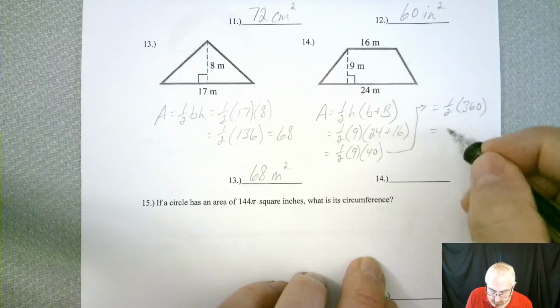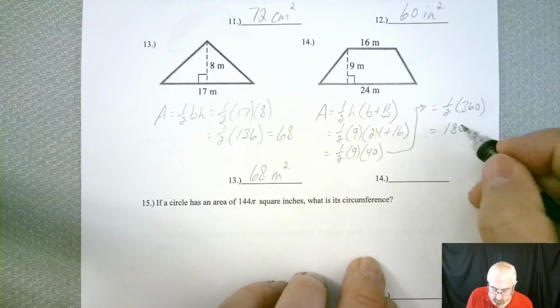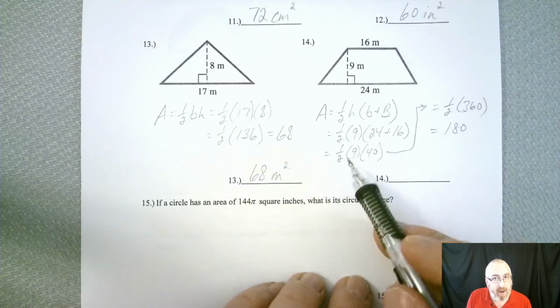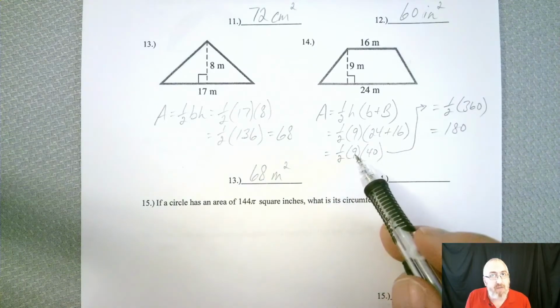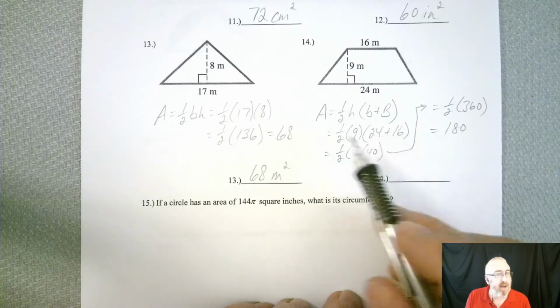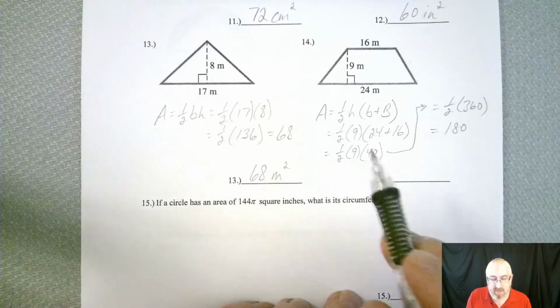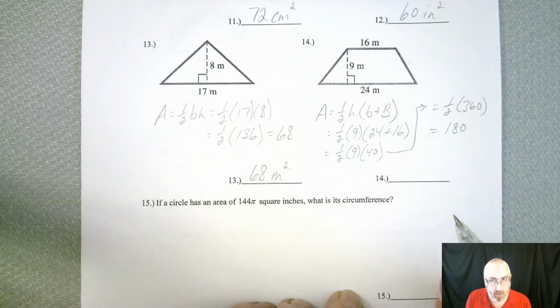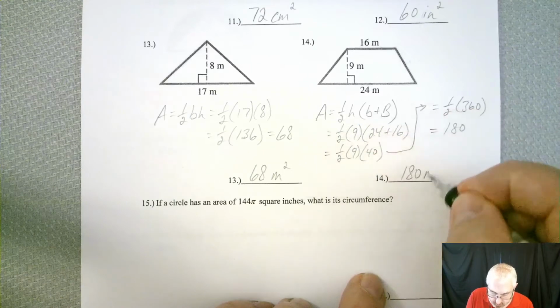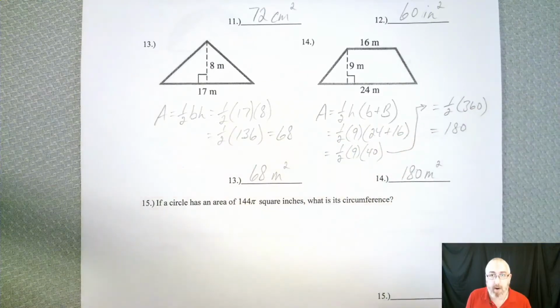And half of 360 is 180. Now, you can kind of see what I'm doing here. I'm saving that 1/2 for last because you can take half of something much easier. And it avoids the possibility of you trying to distribute it and just making mistakes. Save it for last, and that's the safer way to go. So 180, and don't forget your units, so meters to the second power.